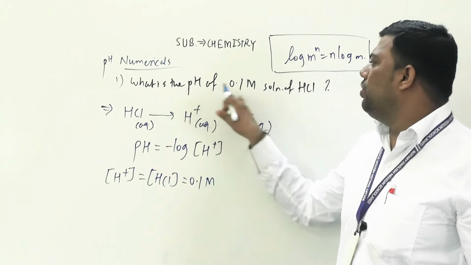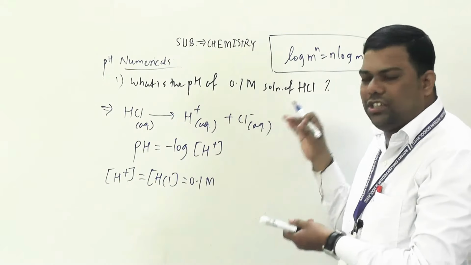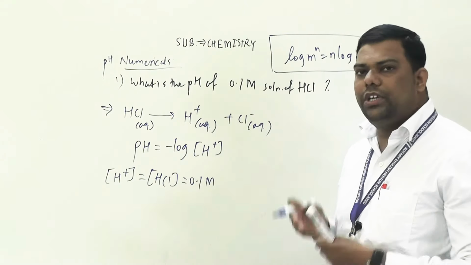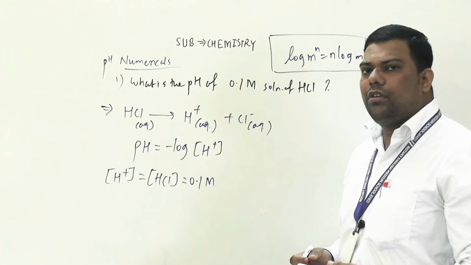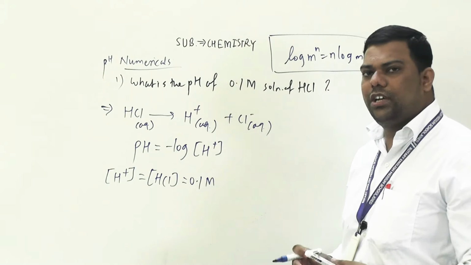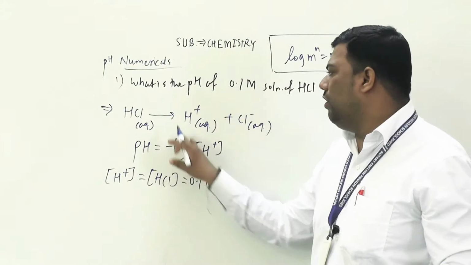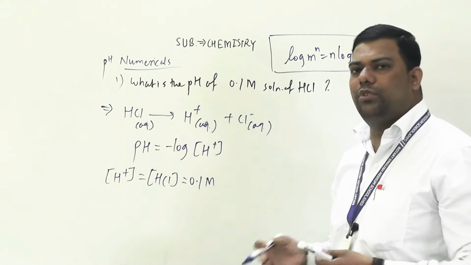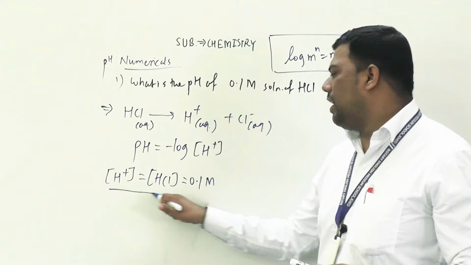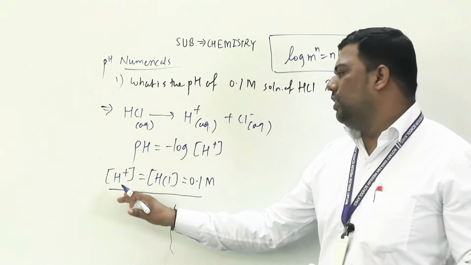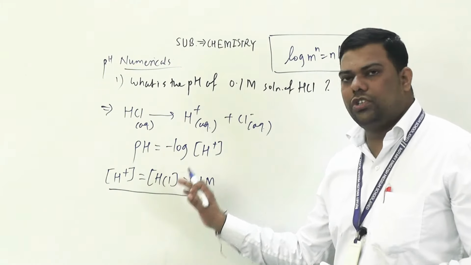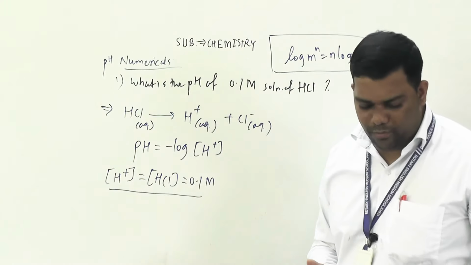The pH depends on the concentration of H plus, and here it is 0.1 molar, the same as the HCl concentration.